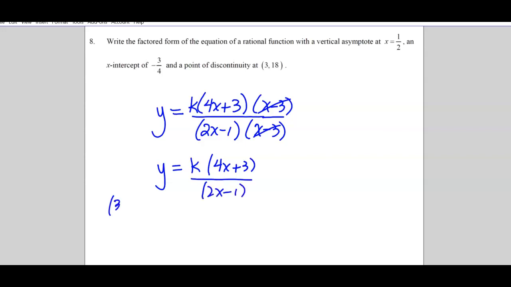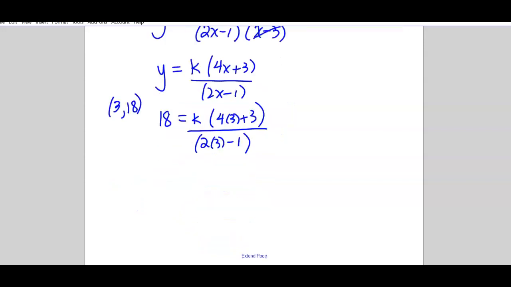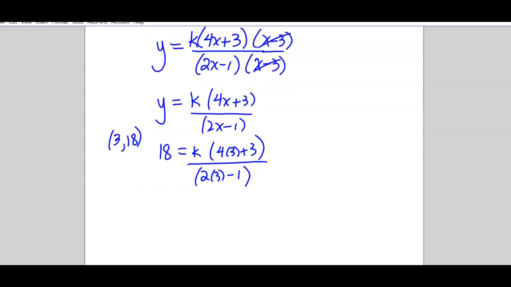I want to check with 3, 18. So 18 equals 4 times 3, 1. So what's that? 12 plus 3 is 15k over 5.